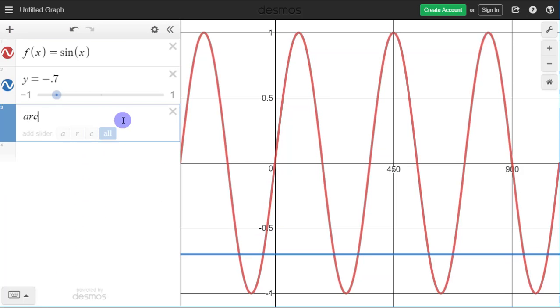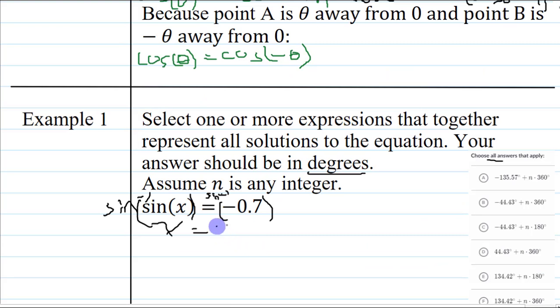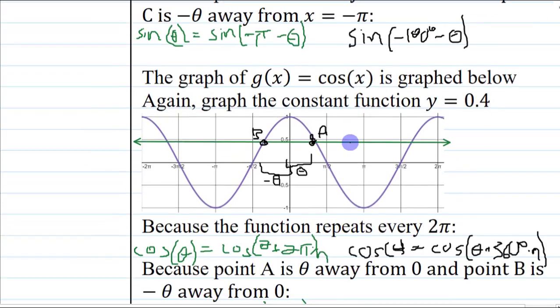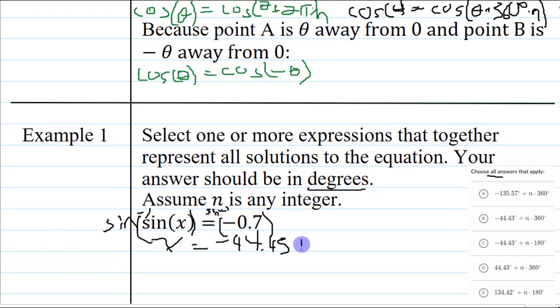So this is going to be arc sine of negative 0.7, and that is negative 44.43. So this is going to be negative 44.43. And remember that we can always use this rule up here where you can add 2 pi n, or add on 360 degrees. So go ahead and say that you can always add 360n.